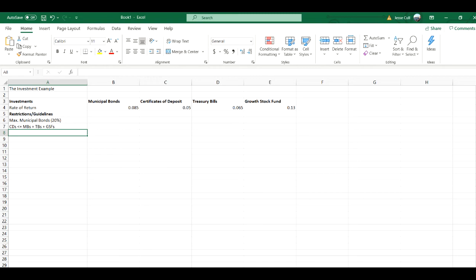Finally, we have a final restriction, and it's Kathleen wants to invest the total of $70,000. So our total investment.